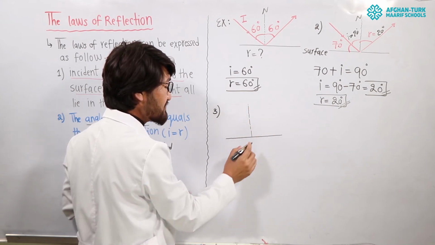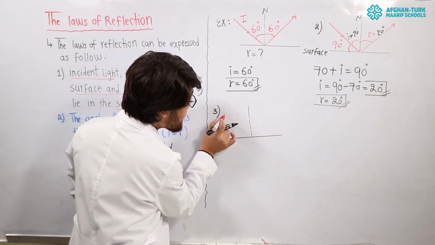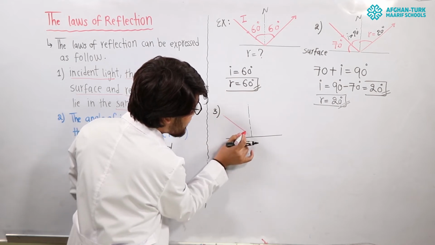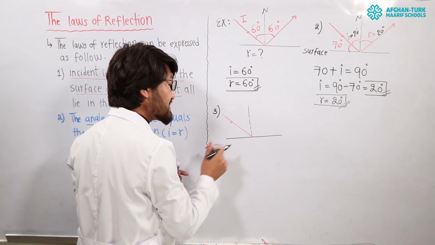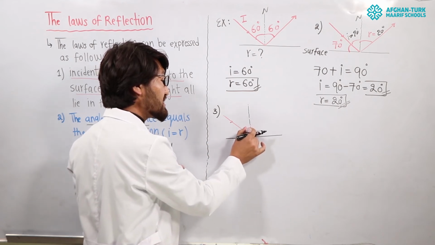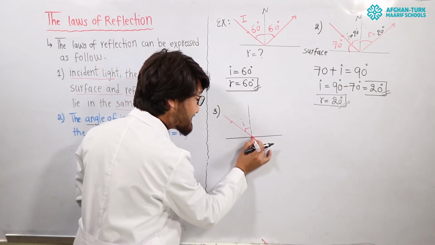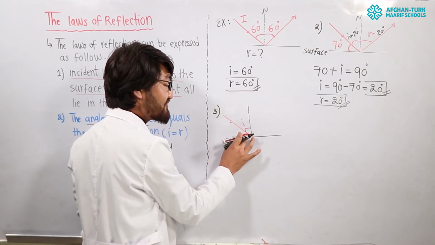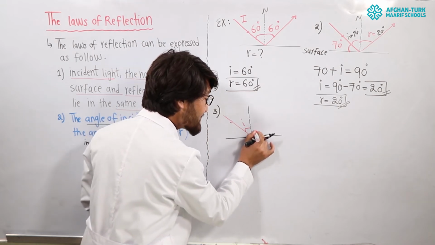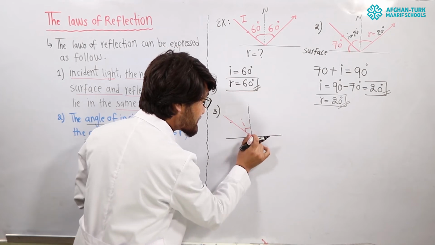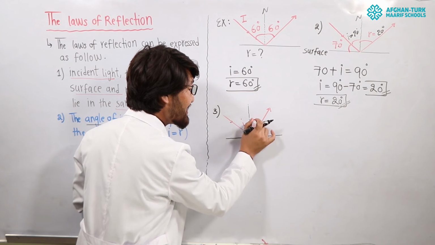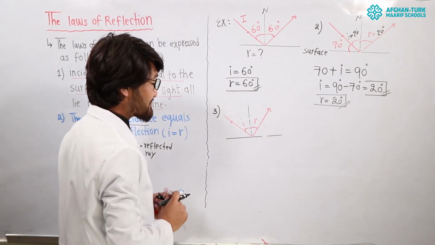Here we have a normal line, an incident ray. This is called the angle of incidence, and the light ray strikes the surface and reflects from the surface. This is called the angle of reflection, R.